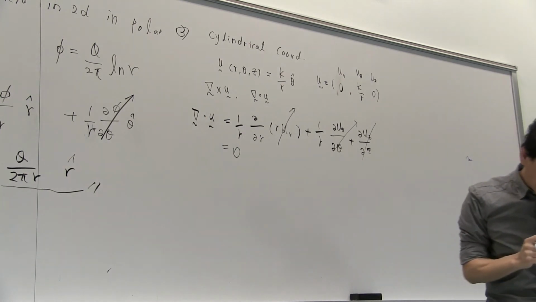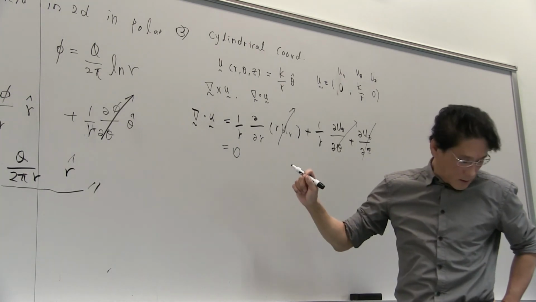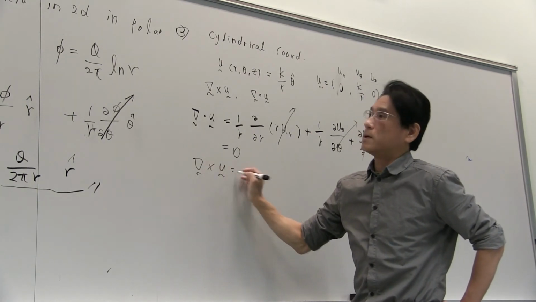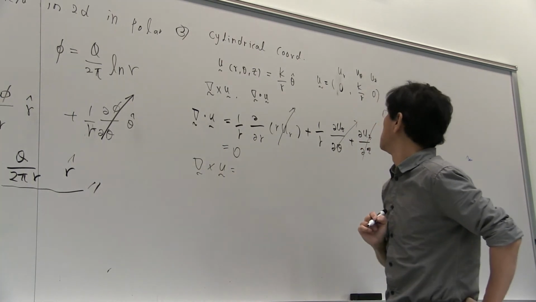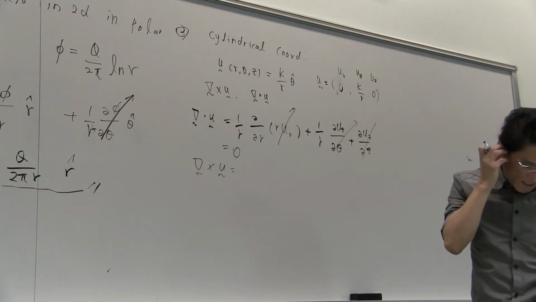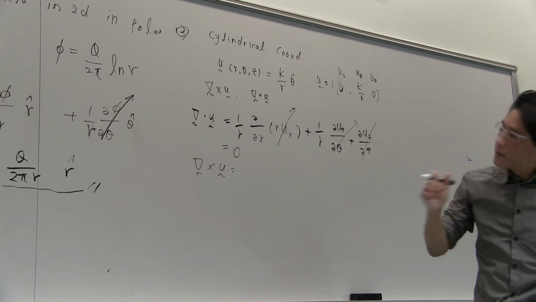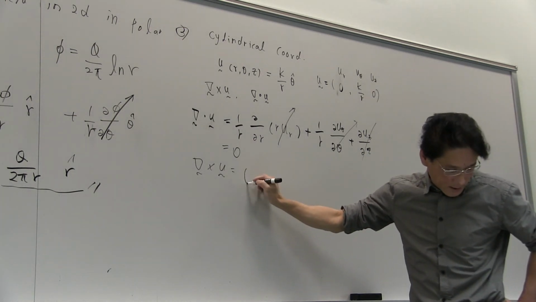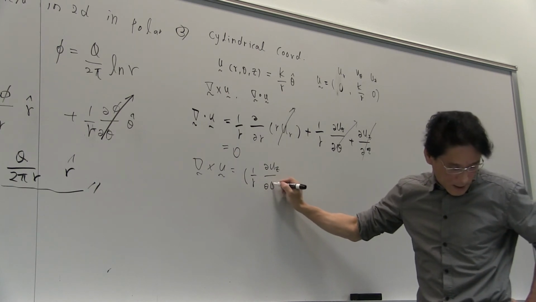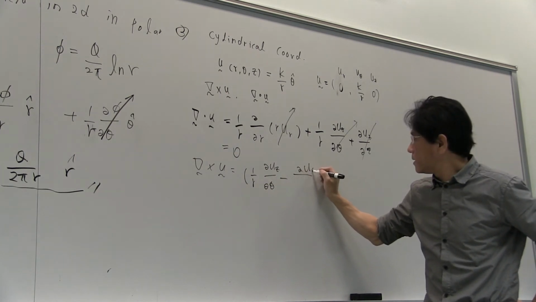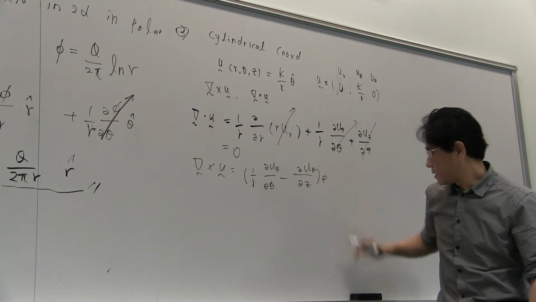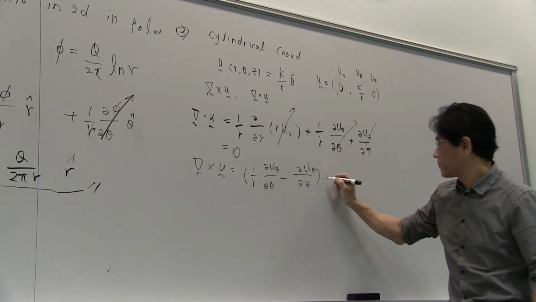Okay, so now go to the next one, which is curl u. Oh, it's theta hat. Okay, that's what was confusing me. I didn't see the theta hat. Now curl u, I'm going to write it down as (1/r du_z/d theta minus du_theta/dz) in the r direction.